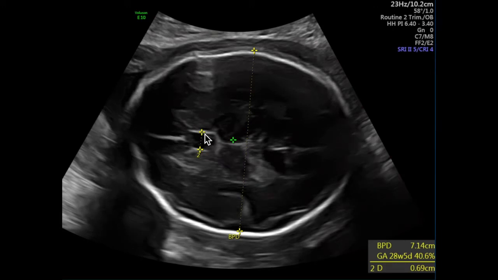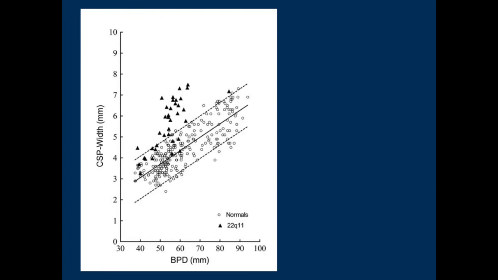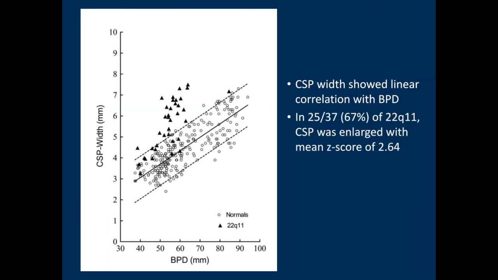So here we have our cavum to our biparietal diameter. In that report, we showed that the cavum septum pellucidum shows a linear correlation with biparietal diameter, meaning the width of the cavum increases as the fetus gets larger, so does the BPD. In fetuses with 22q, the cavum was larger than expected in 67% of affected fetuses with a z-score of 2.6 on average.